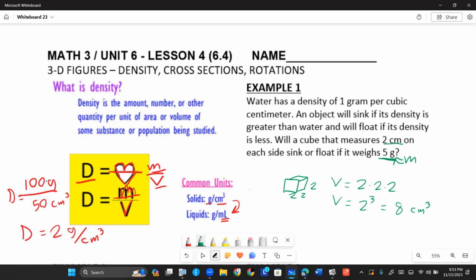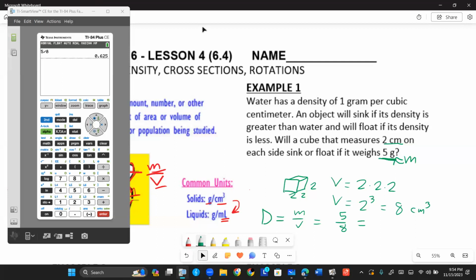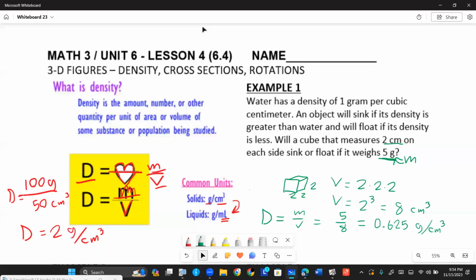And what we'll do is we'll calculate the density of that cube. So the density is going to be the mass divided by volume, and that's going to be 5 divided by 8. 5 divided by 8 in your calculator is going to be 0.625. And that's 0.625 grams per cubic centimeter.